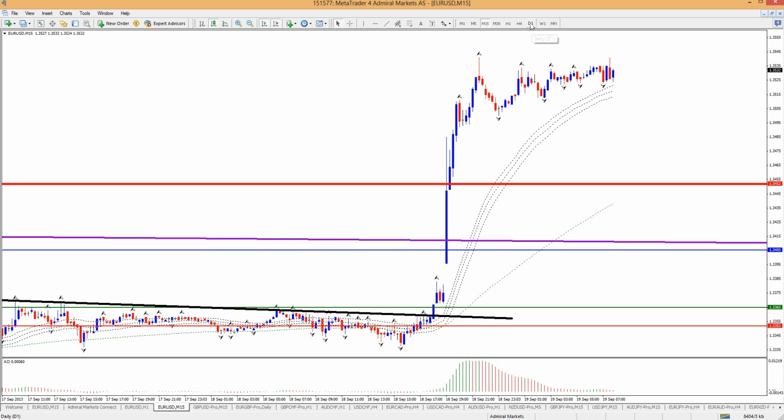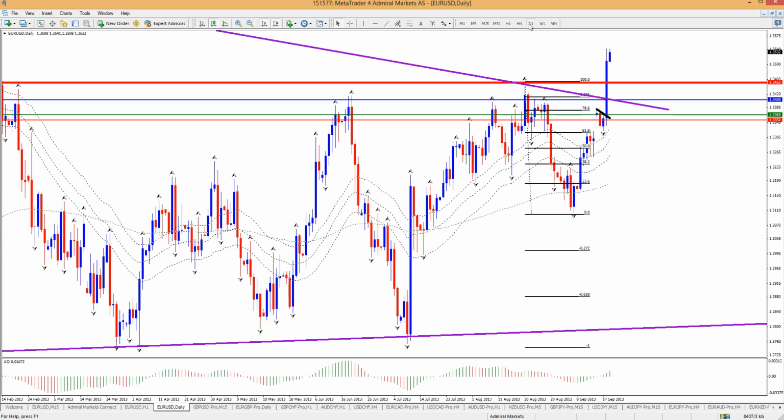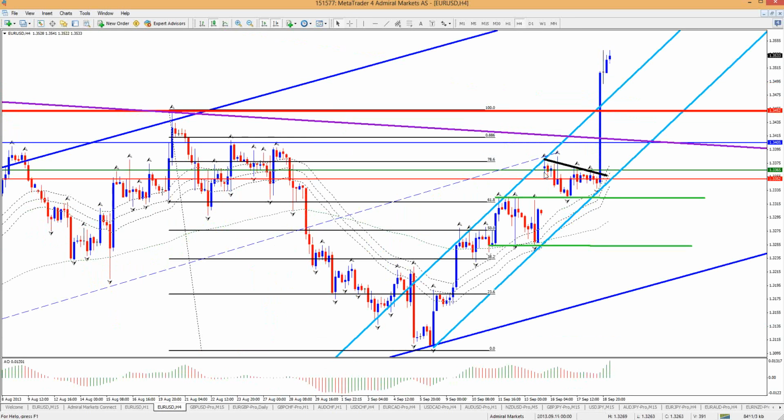Okay, so we have to take a look at the new technical picture. Until now, we were in this uptrend channel, but we were looking at these fibs and seeing respect for those fibs. So let me just pick my drawing tool because I don't have that open yet.